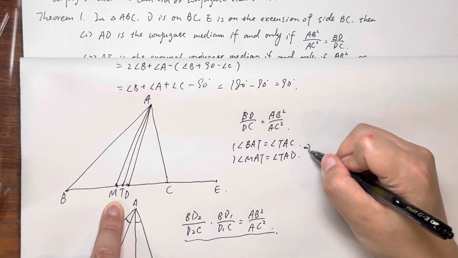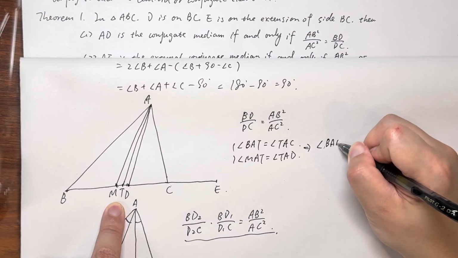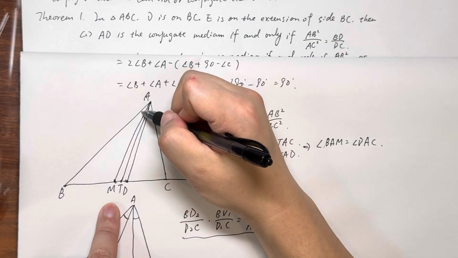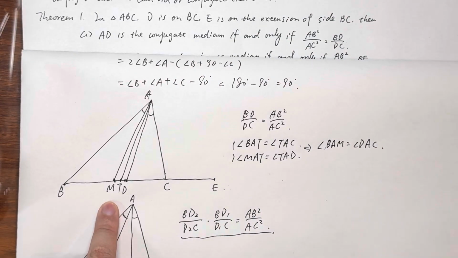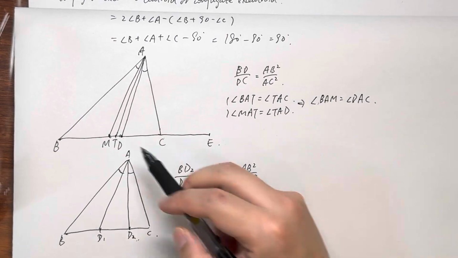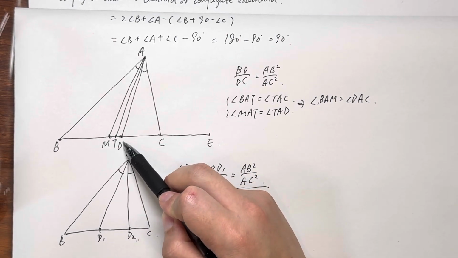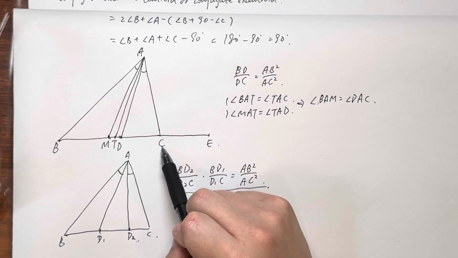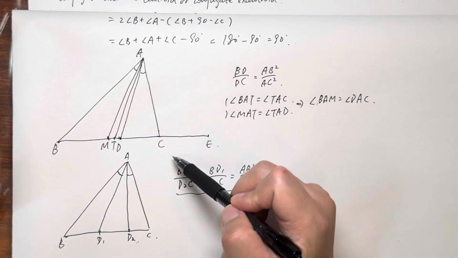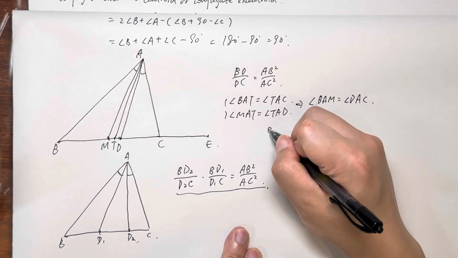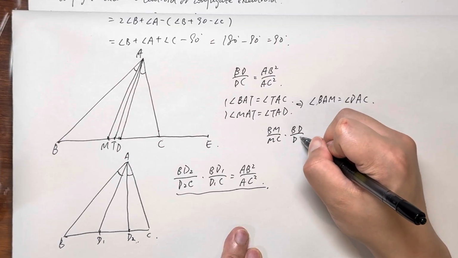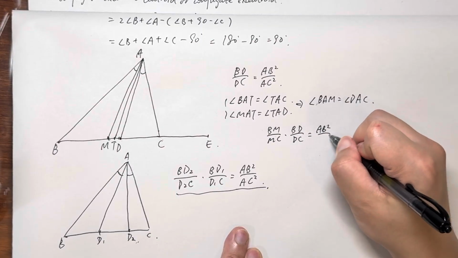Based on these two, we know that angle BAM equals to angle DAC, which means we can use the Steiner's theorem. That is saying, we have the point M and D on the side BC, which forms that angle BAM equals to angle DAC, right? So BM to MC times BD to DC equals to AB squared to AC squared.